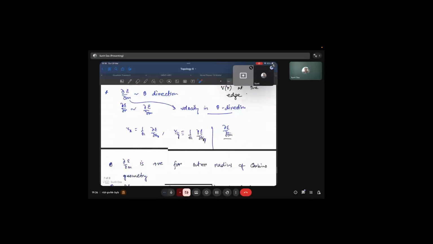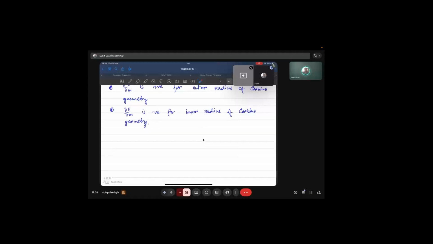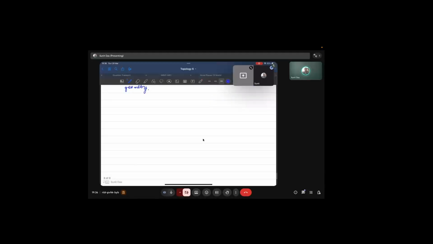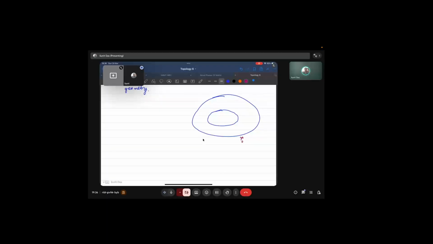So what this necessarily means is that the edge states in the Corbino geometry look something like this. You have two edges in the Corbino geometry, right? Because the velocities are positive and negative, let's say this was our radius, so R outer, and this was R inner.